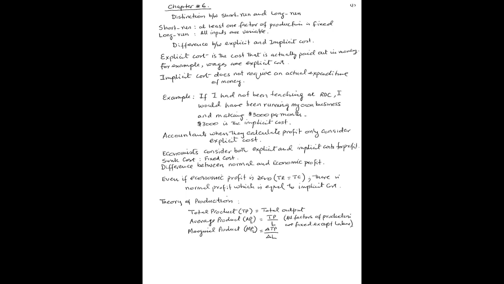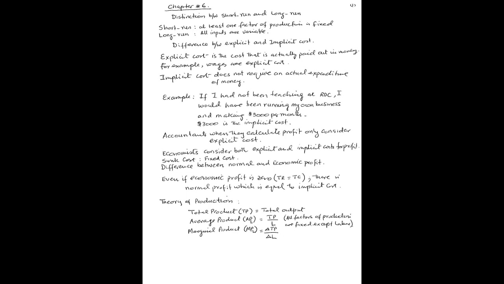Then we have a concept of normal profit. I just mentioned economic profit. Economic profit is total revenue minus both explicit and implicit cost. When your economic profit is equal to zero, this is called normal profit. So even if economic profit is zero, there is normal profit, which is equal to implicit cost. I'll give you an example, don't worry about it.